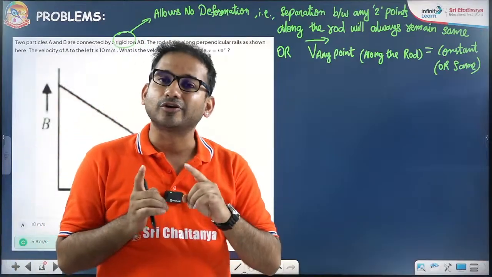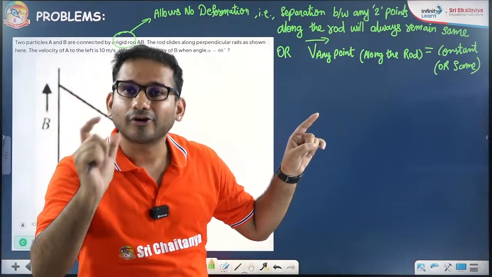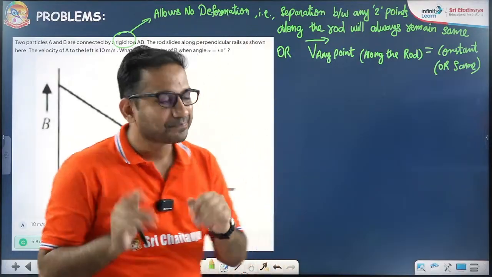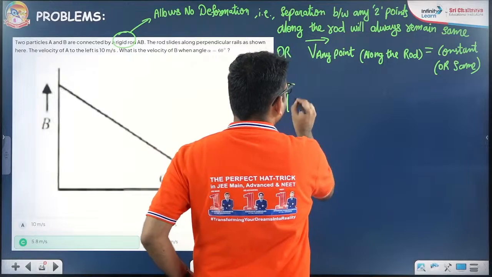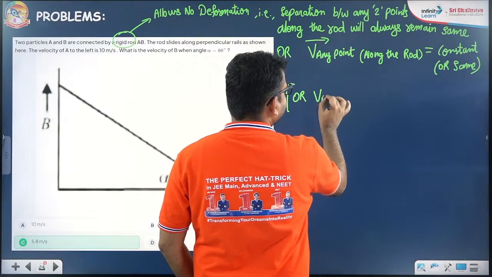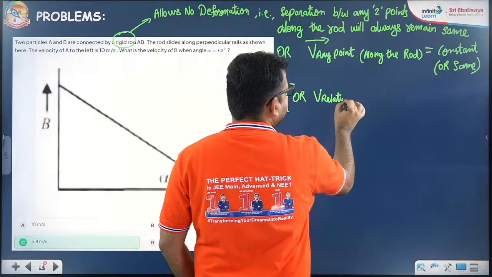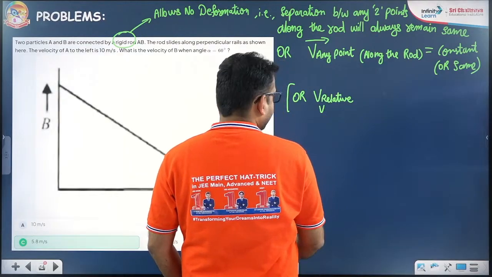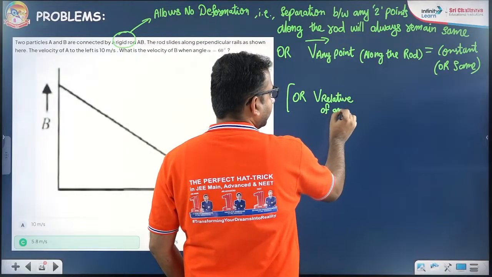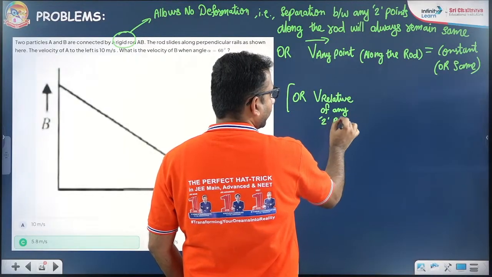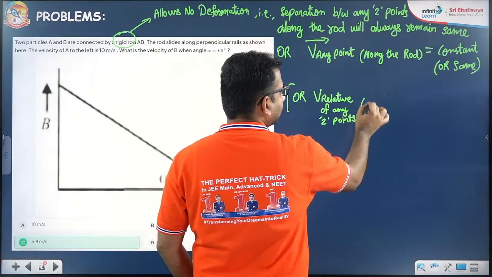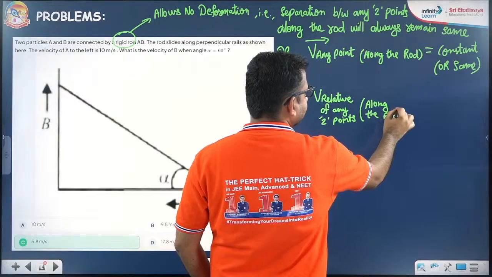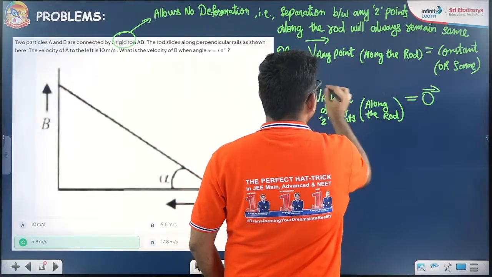Because if the individual velocities are the same along the rod, their relative velocity will be 0 along the rod. So you can say the relative velocity of any 2 points along the rod is going to be 0.